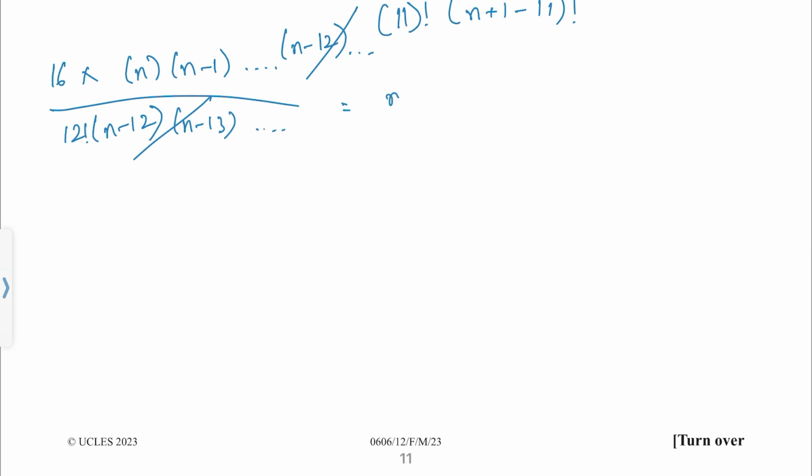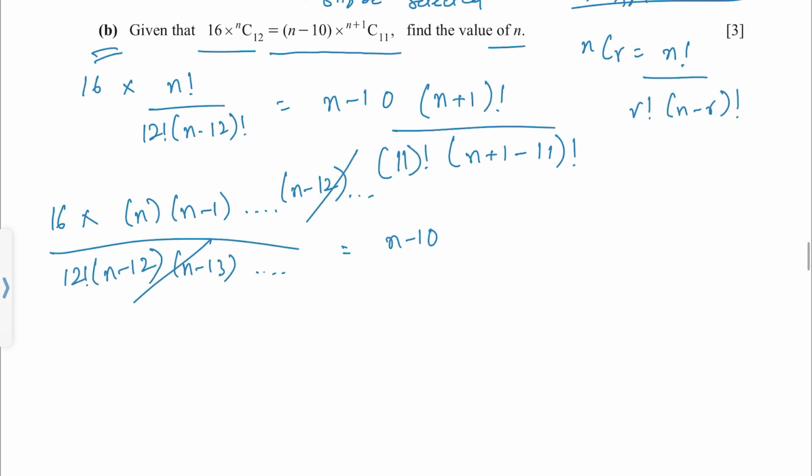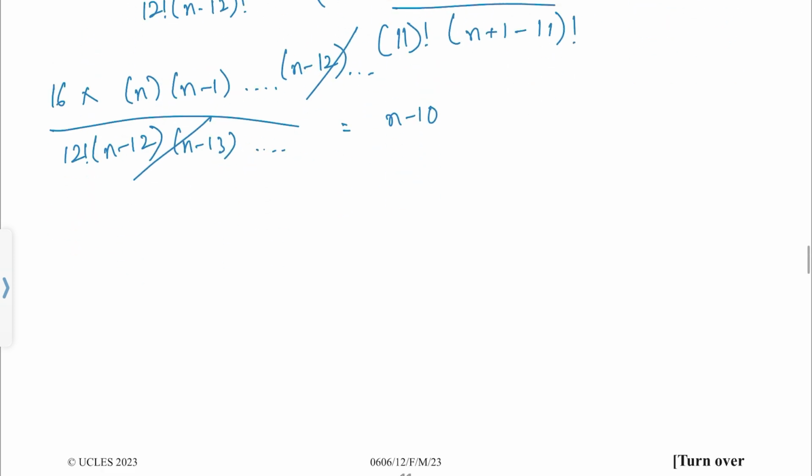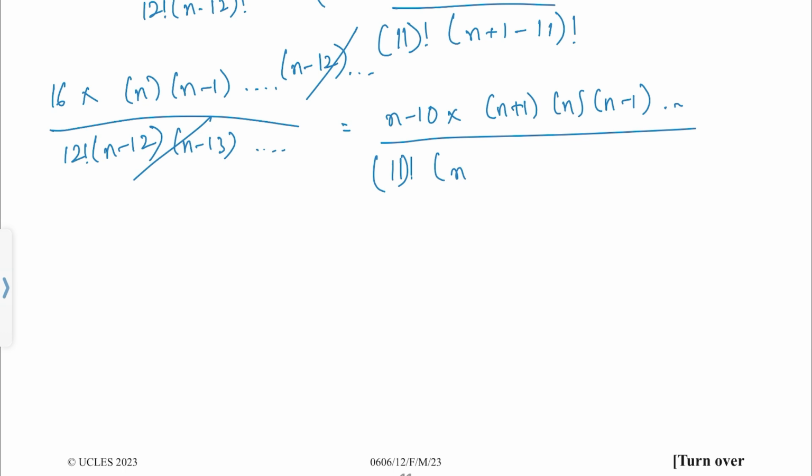This is 12 factorial, and here n minus 10 is multiplied by n plus 1, and then n, n minus 1 and so on, over 11 factorial, (n minus 10) factorial. (n minus 10) factorial would be n minus 10, n minus 11 and n minus 12 and so on.